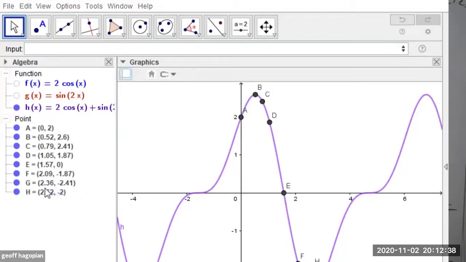What did I do here? H of 5 pi divided by 6. Okay, so that's that. And notice that, actually, no, we're going to have to do all new computations for over here, right? So we're only half done with the work here.